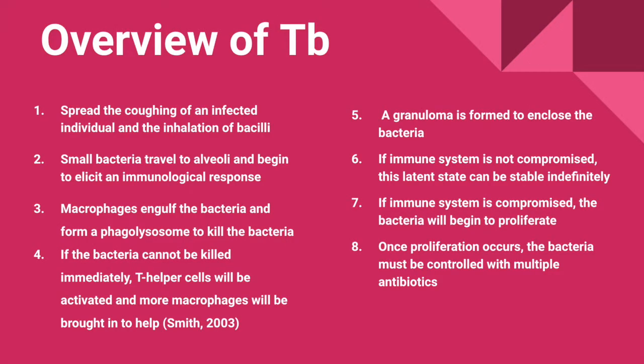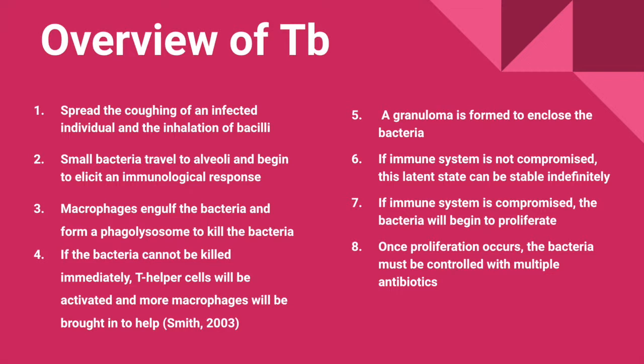Now I'll just briefly give an overview of tuberculosis. First, it is spread through the coughing of an infected individual and the inhalation of these bacilli by a person that is not infected. These small bacteria travel to the alveoli and begin to elicit an immunological response. The macrophages will engulf the bacteria and form a phagolysosome within that macrophage to begin to kill the bacteria.